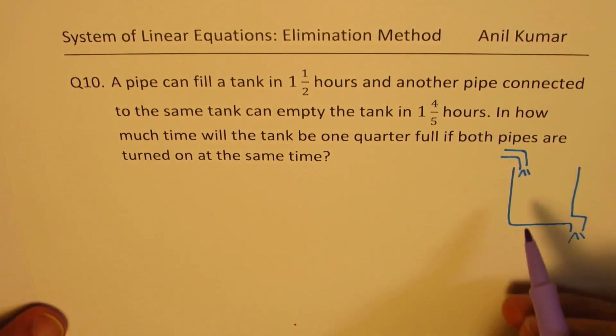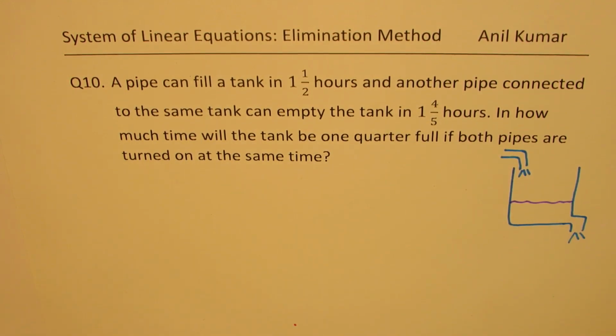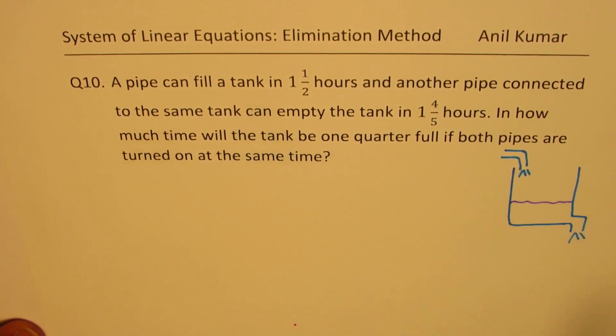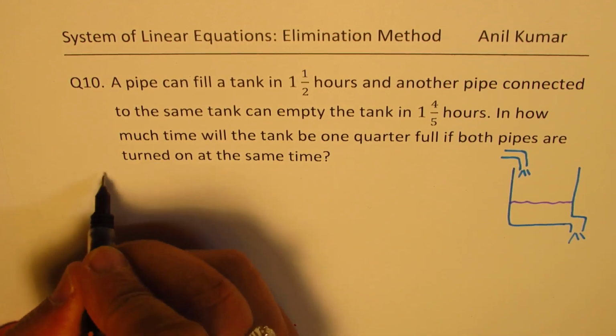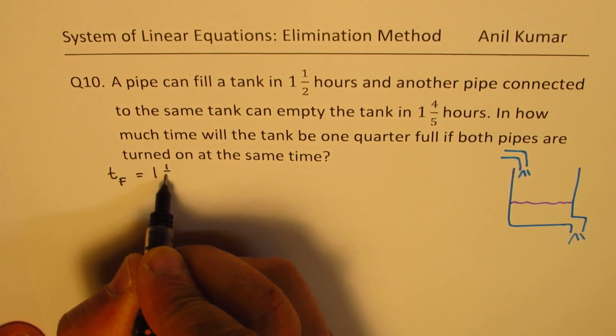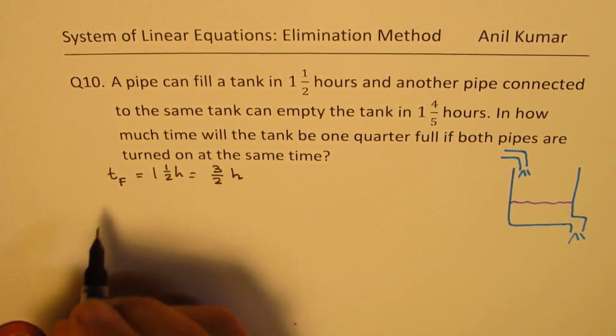We are looking for a situation to fill a quarter of the tank. We are given both the rates. So for the whole tank, we'll write time to fill as 1.5 hours, which is 3/2 hours, correct?